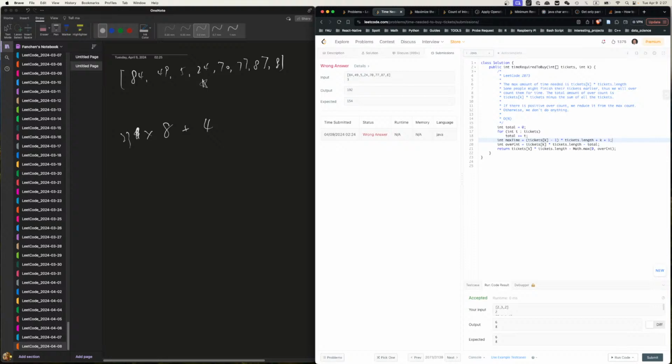Right, that is the max time, and overcount is max time minus total, right? If max time is small, then the total, I mean, whatever it is. Do we do the max time minus total though?